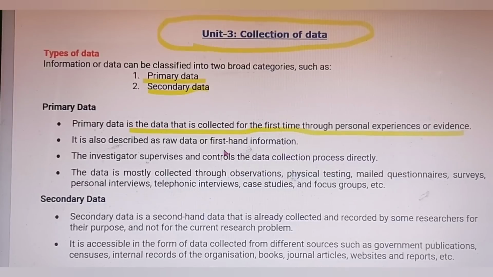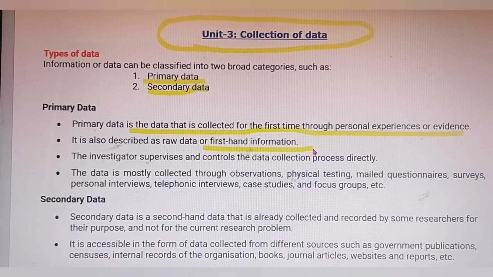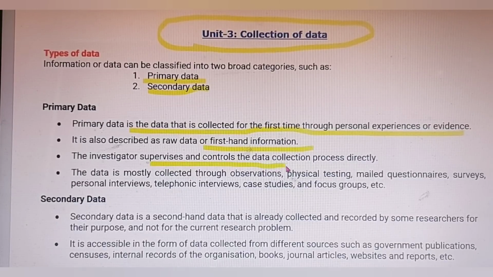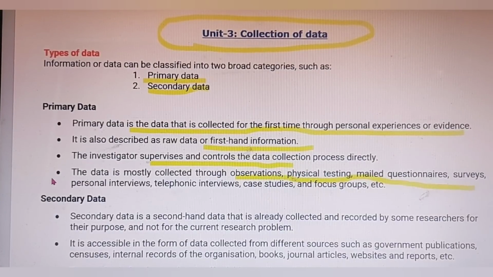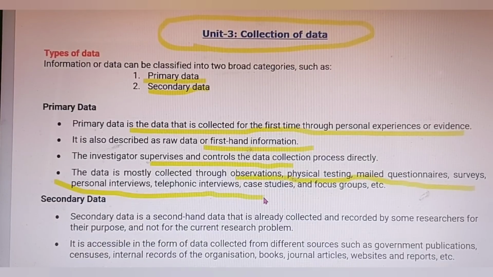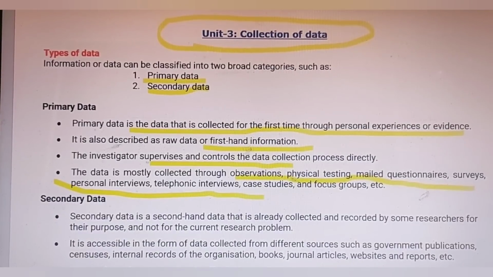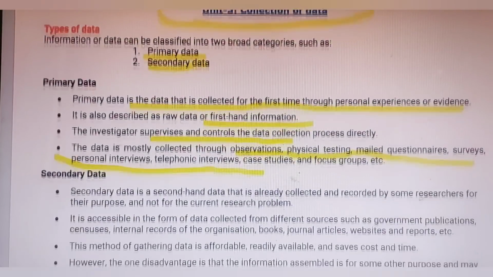It is also known as first-hand information, right? And the investigator supervises and controls the data personally or directly. The main data is collected through observations, physical testing, mailed questionnaires, surveys, personal interviews, telephonic interviews, case studies. So these are the different sources of primary data.